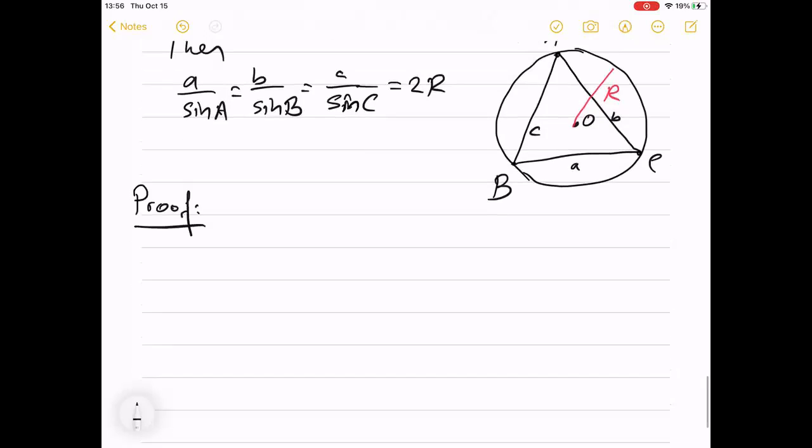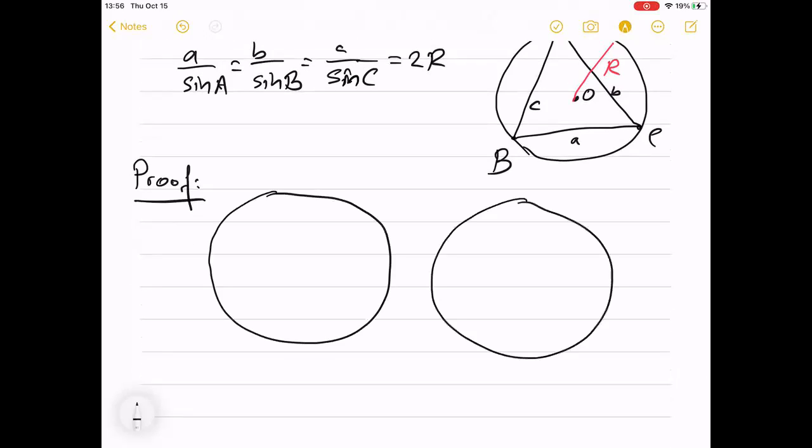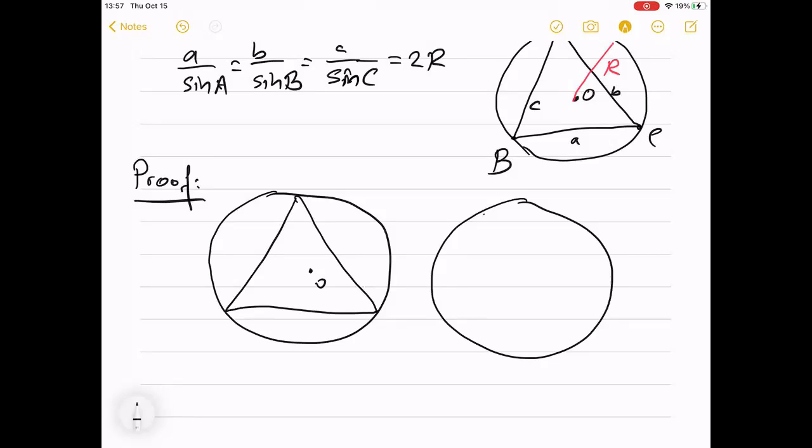So there are two cases. Let me draw this circle once again. It may be an acute triangle like this, or one of the angles might be obtuse. Let me draw as in my notes so that I don't get confused in the lecture. It's something like this.